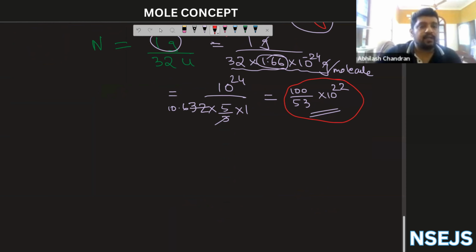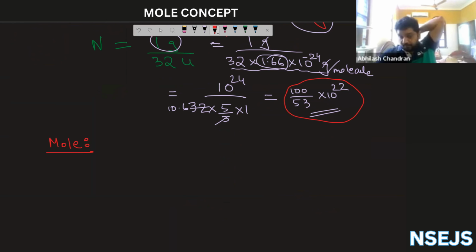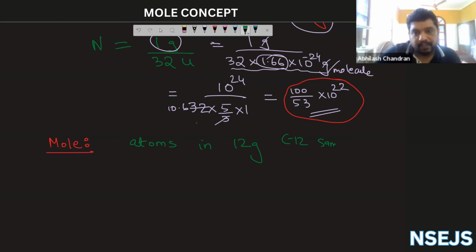So let me define a new quantity called mole. What is a mole? Mole is the number of whatever quantity you have, if it has as many particles as there are atoms in 12 grams of a carbon 12 sample. This is the definition of mole.